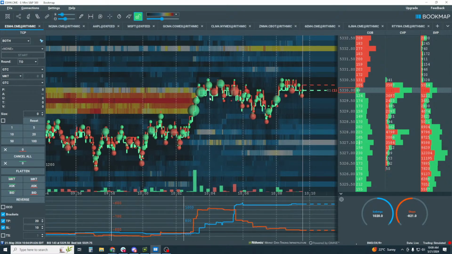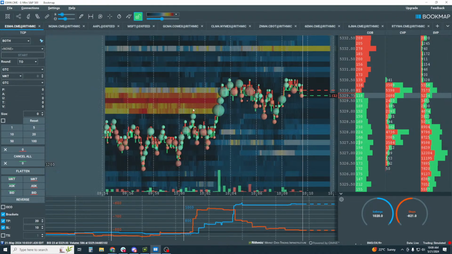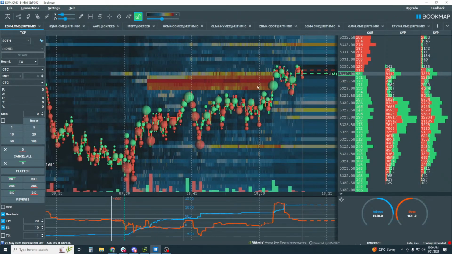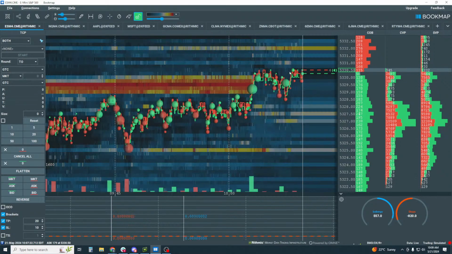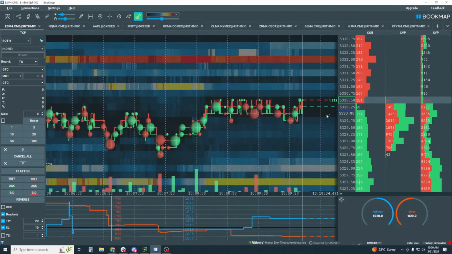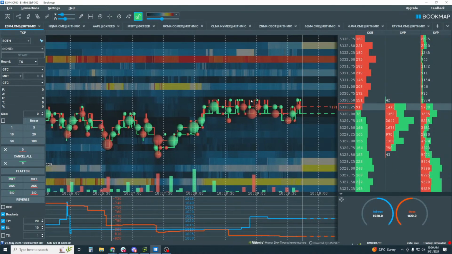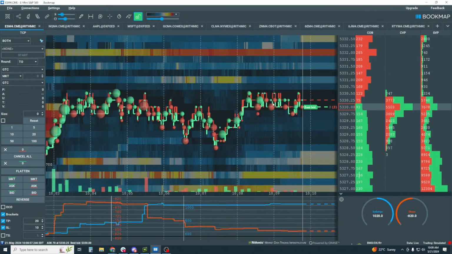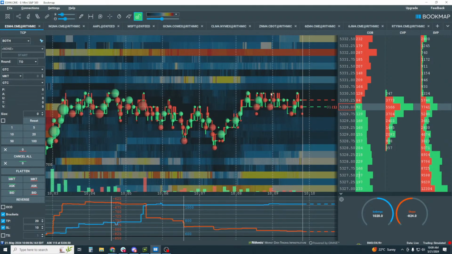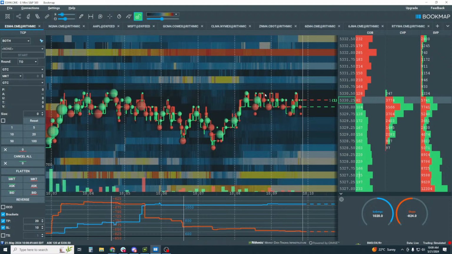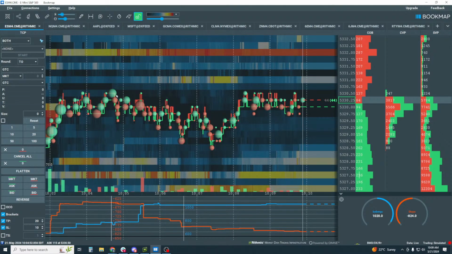Okay, after this huge liquidity transacted up in here between 29 and 30. Okay, so let's see if we get a bit more buying up here, and maybe we'll see though. That's what we're trying to read here. Right now, there's not a whole lot of buying interest up here.